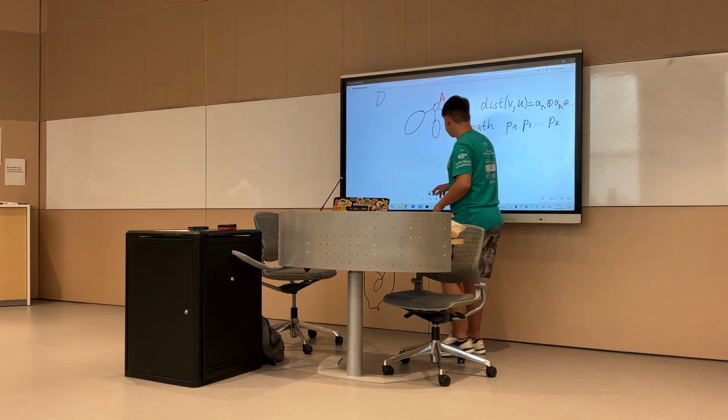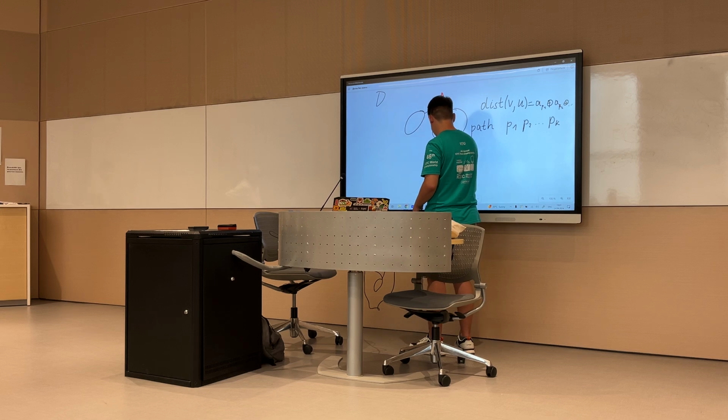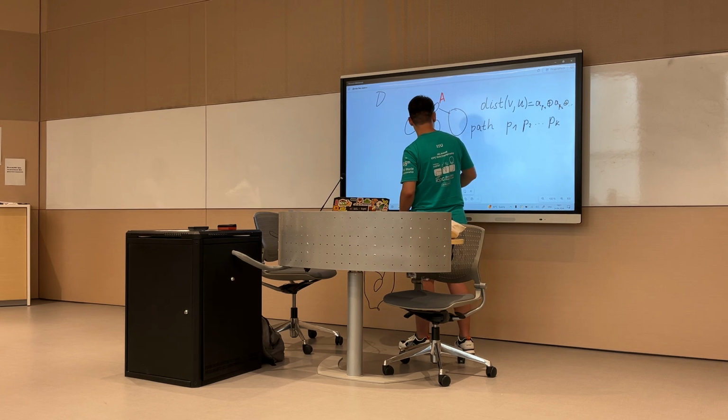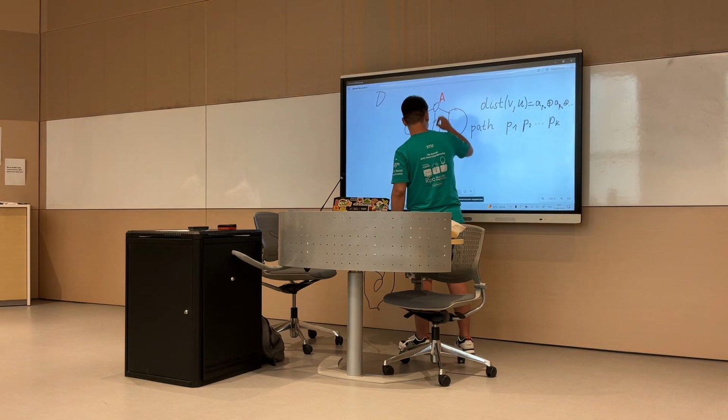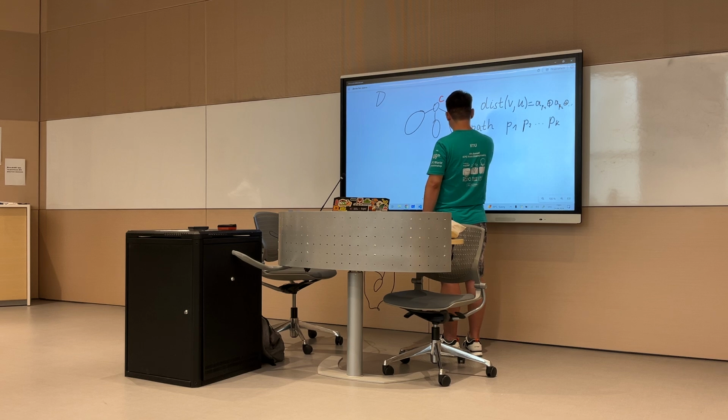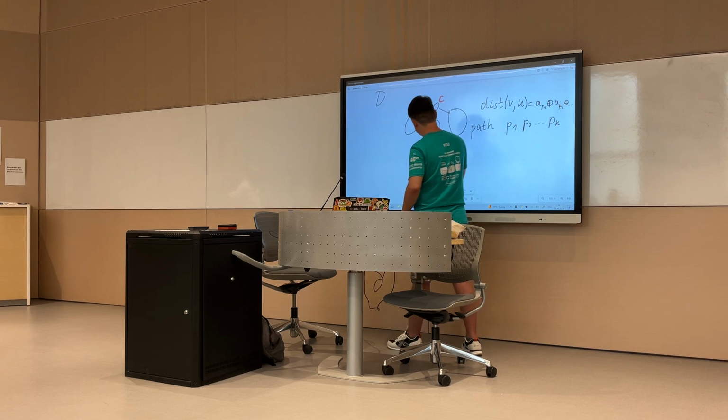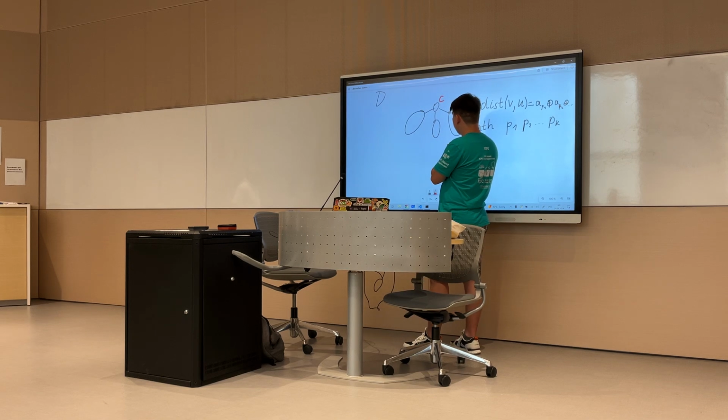Okay, we have a centroid, and we need to calculate the sum of paths that go through the centroid. How can we do this? Let's use the second method I told you in the lecture.